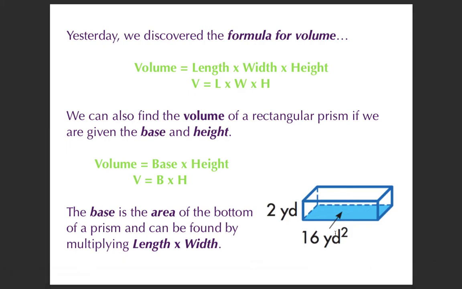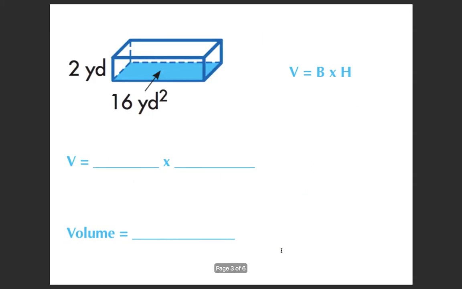So this tells me that I have my area of the base right here. All we have to do is multiply our base times our height. So in this case, we are going to be multiplying 16 times 2 to get our volume, which is going to be 32 cubic yards.